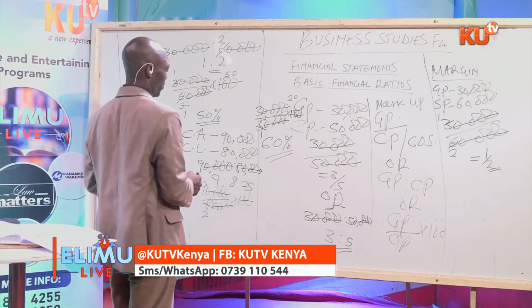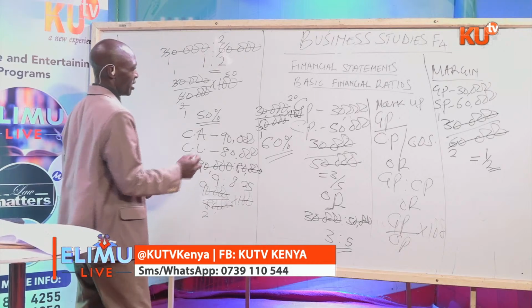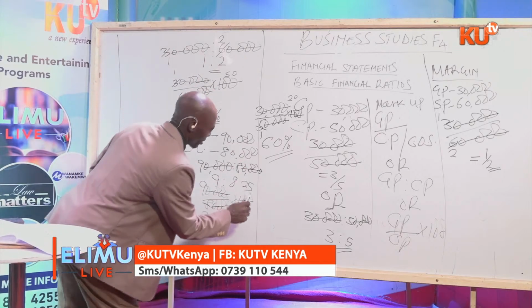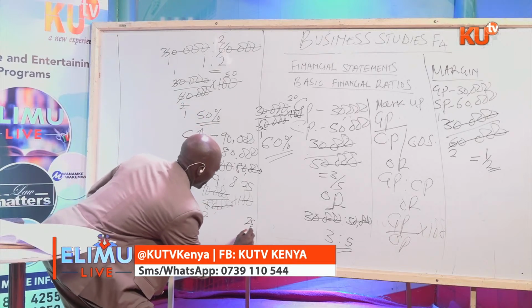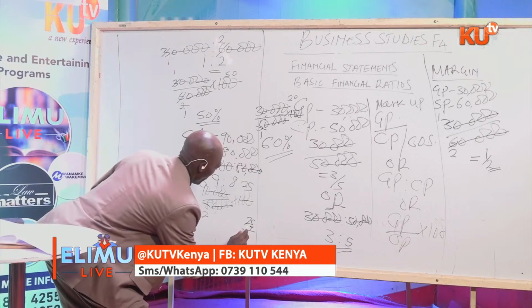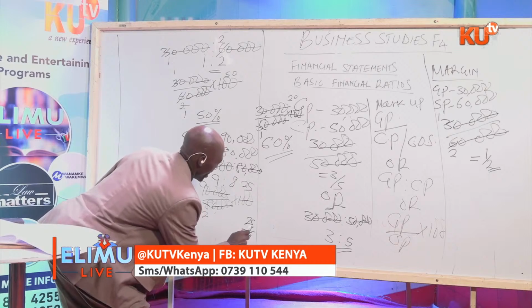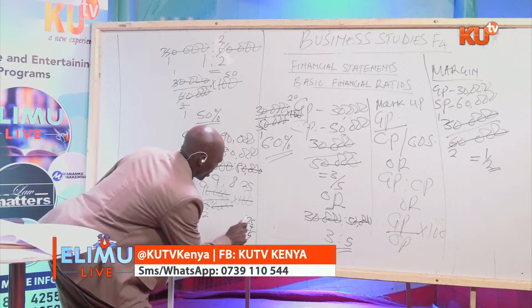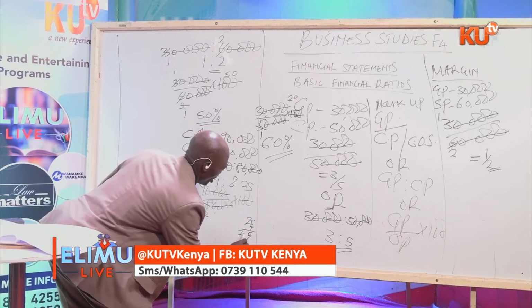Now 25 multiplied by 9: 9 times 5 is 45, 5 carry 4, 9 times 2 is 18 plus 4 is 22.